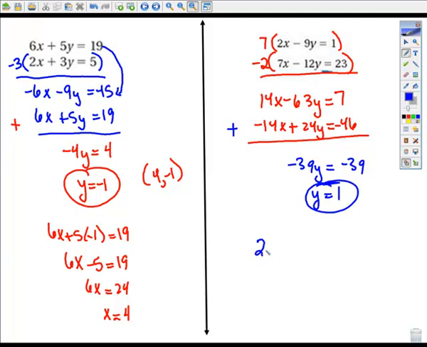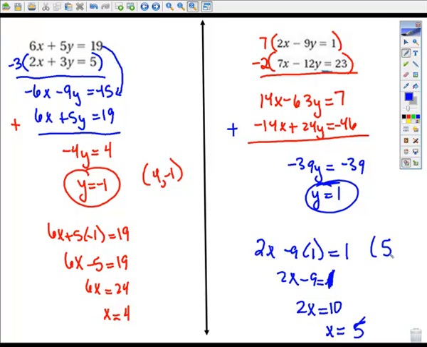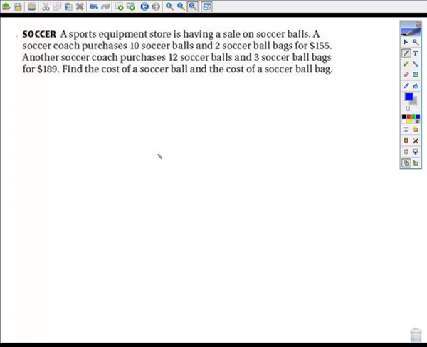Put it in the top. 2x minus 9 times 1 equals 1. 2x minus 9 equals 1. Add the 9, 2x equals 10, and divide by 2, so x equals 5. So my solution is 5, 1.